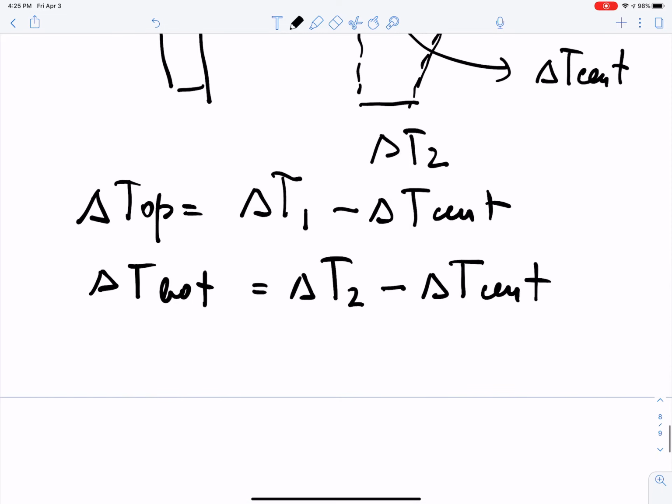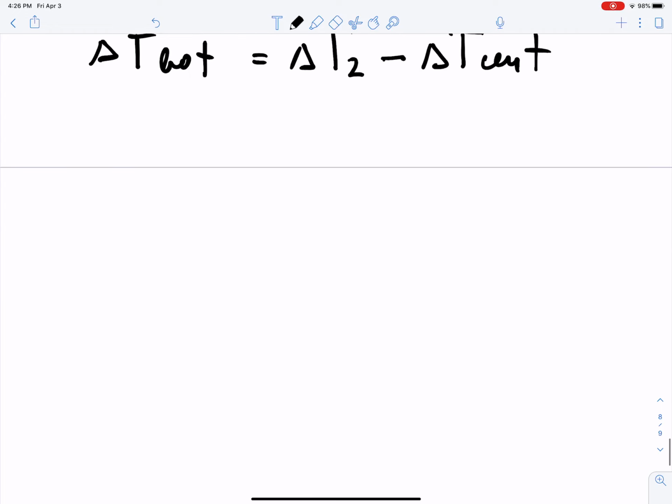So delta T top and delta T bottom become the relative temperature differential relative to how much temperature difference the structure sees in terms of delta T central. Good. So now, if you think of our element here, this guy's on a roller, on a pin. I have an eraser.